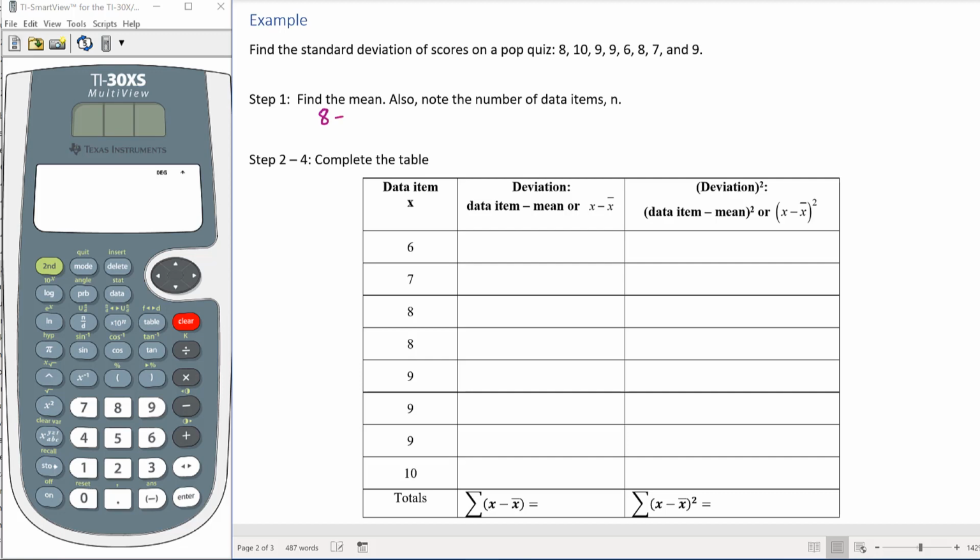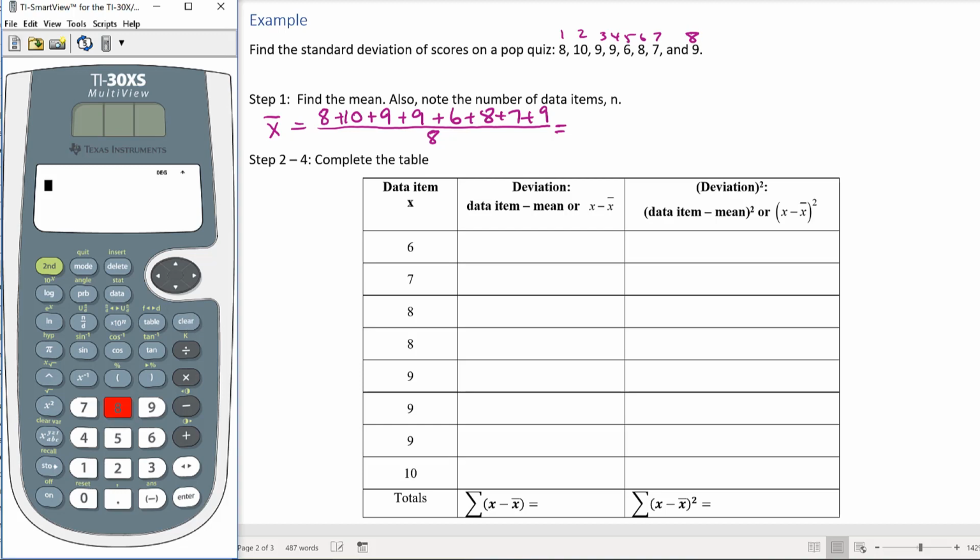So we have 8 plus 10 plus 9 plus 9 plus 6 plus 8 plus 7 plus 9. Because there are 8 total data value items, I'm dividing it by 8.